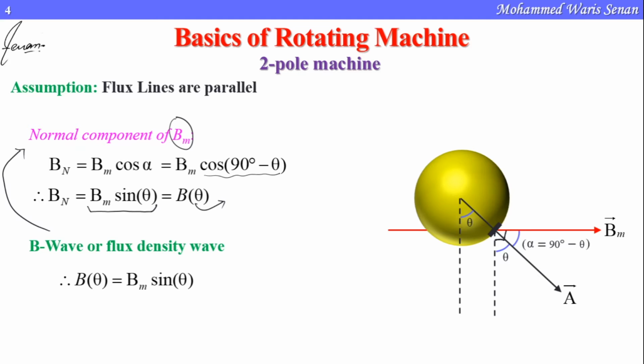So from here we get a very good concept that the normal component of flux density is sinusoidal. Just keep this in mind. We have taken the flux lines as parallel, but the normal component of this flux density comes out to be sinusoidal. Okay, now let's move on.